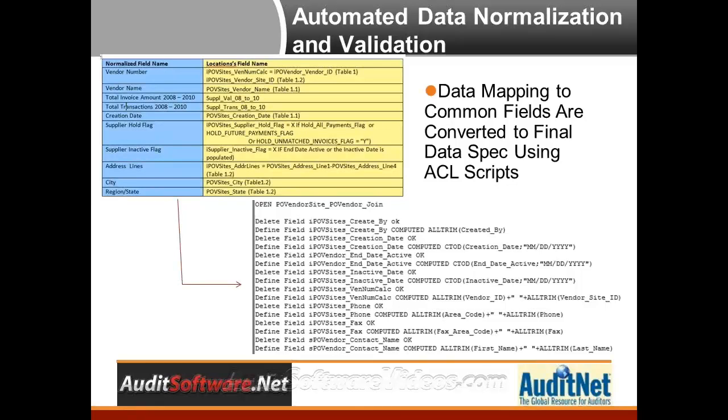And here's some good examples where we're opening up the PO vendor site file. We're taking from our mapping up here that we did in Word, where we have the final field names. We're creating that concatenated field name, PO vendor sites, and active data as an example. And the language that you use is define field, put the field name, computed, and then have the function after it.